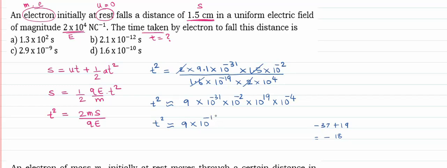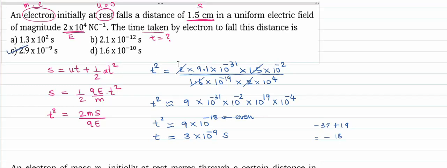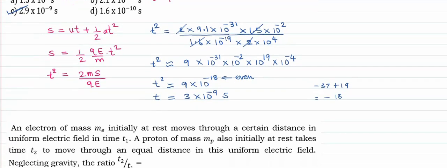So 10 raised to minus 18. The power is even, so directly you can take the square root. So t is equal to 3 into 10 raised to minus 9 seconds. If you see the options, which is very near to 3, option C will be our answer, that is 2.9 into 10 raised to minus 9. Clear, students? Just by taking approximation, we get the answer.